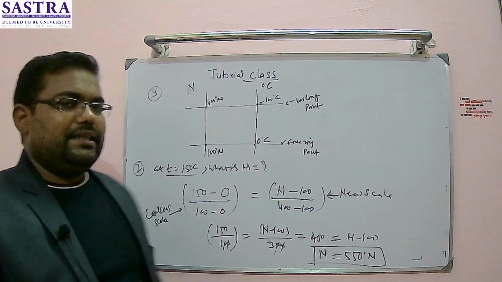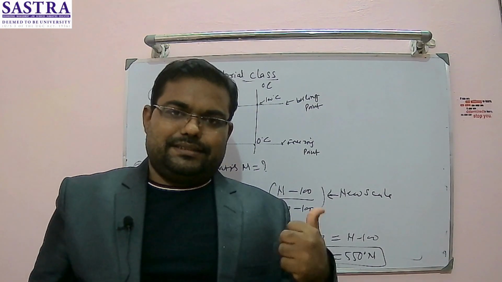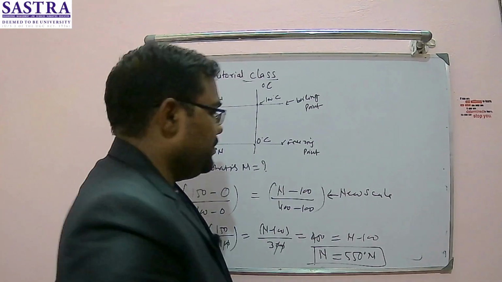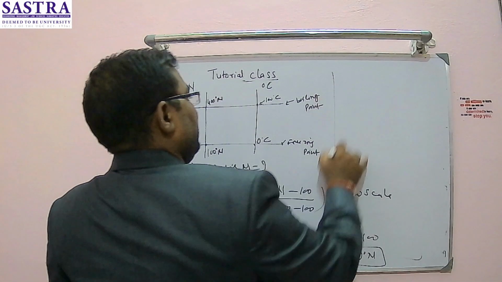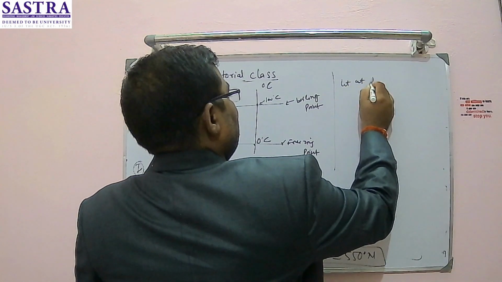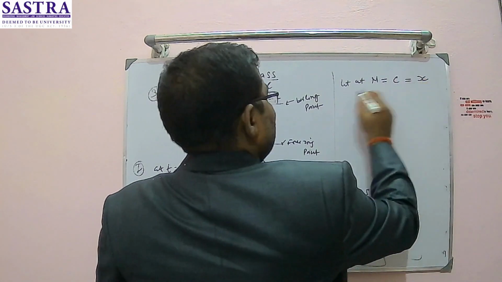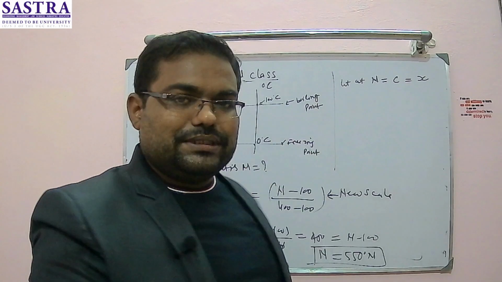Now it is asking at what temperature both these scales, Celsius and this new scale, would be the same. That also we are going to find out. So let's suppose N is equal to C is equal to X. They are the same, means these both scales are the same.